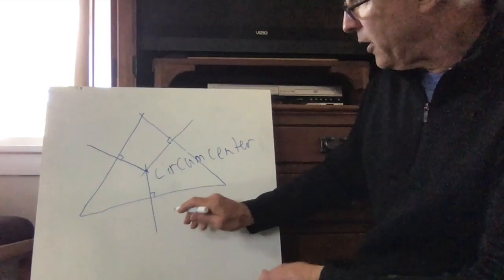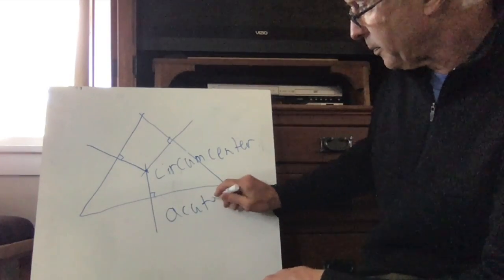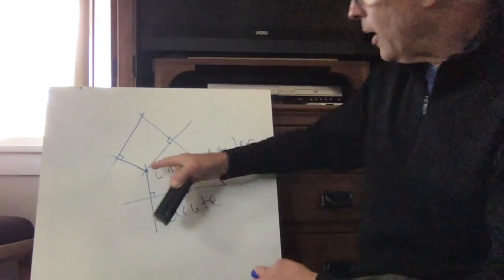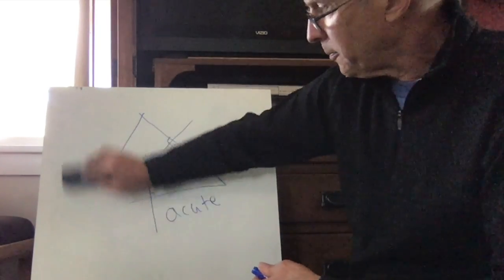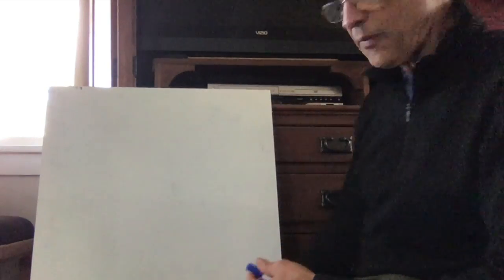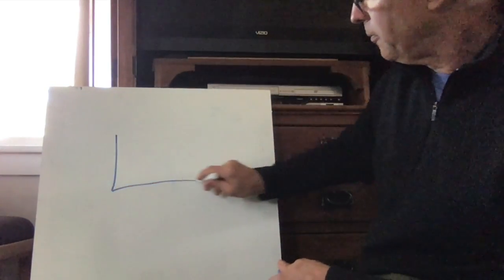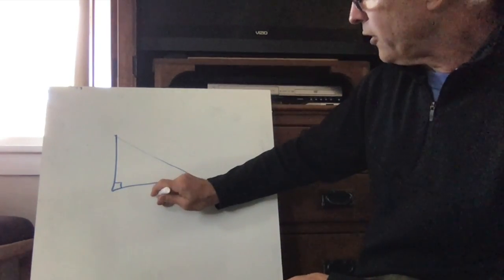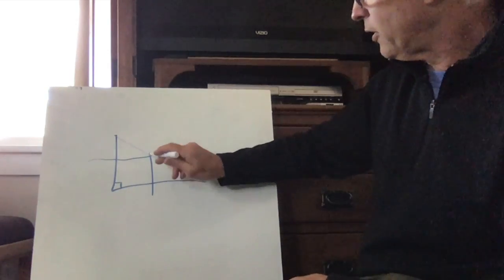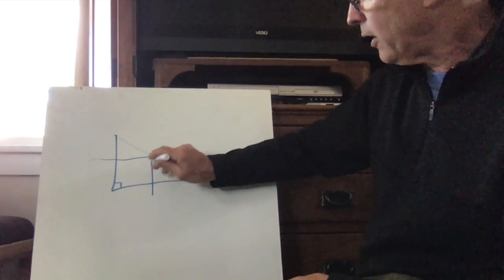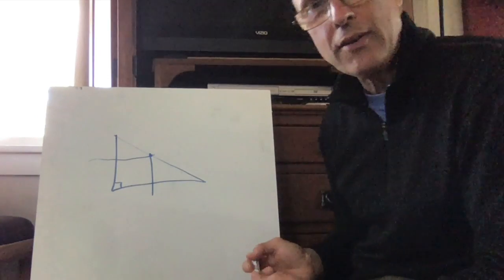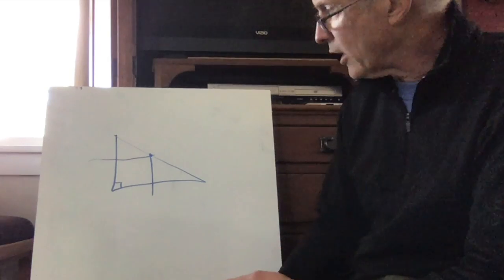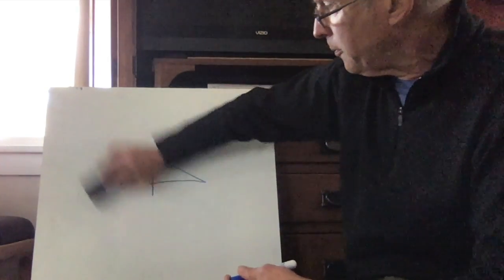Now this would be for an acute triangle. If all three angles are less than 90 degrees, you would find the circumcenter inside the triangle. If I did a right triangle, the perpendicular bisectors are actually going to meet on the hypotenuse, at the center of the hypotenuse, so it's not inside the triangle.